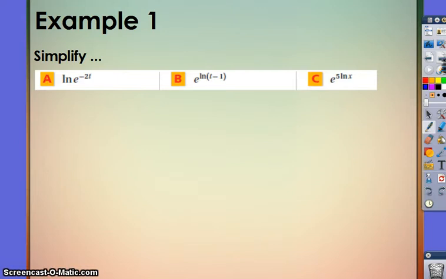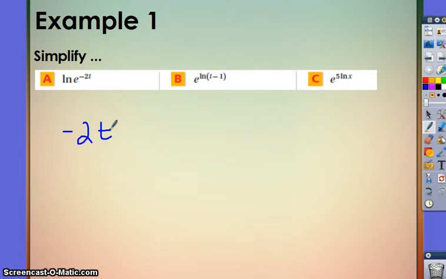So for instance, if we have ln of e to the negative 2t power, what that's really saying is e to the what would give us negative 2t, and the answer would be negative 2t.